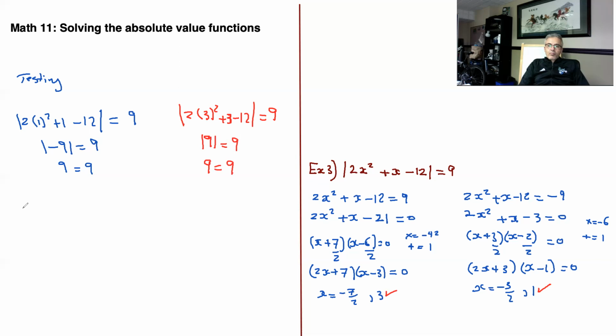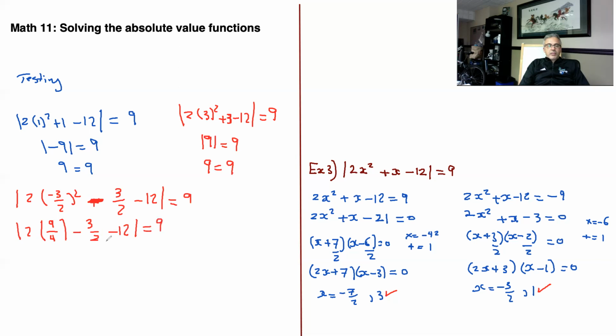Now we're gonna test the negative 3 halves. So we have the absolute value of 2 times negative 3 halves squared plus and minus, it just becomes minus 3 halves minus 12. And we want to see if that equals 9. That is absolute value of 2 times the fraction squared. You just square the top and bottom. So 9 over 4 minus 3 halves minus 12.